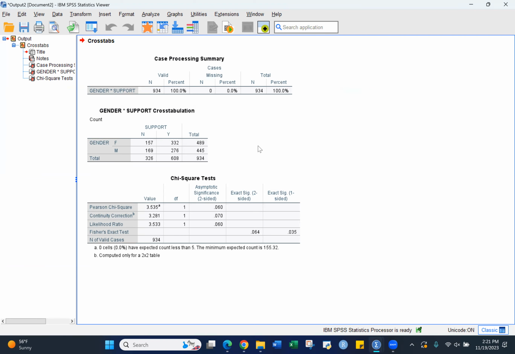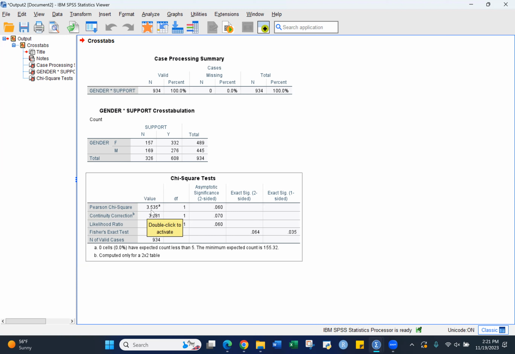So you can see the data is the same, right? That's my crosstabs. That's my contingency table. These 2 by 2, 4 cells right here. And now the chi-square test, and you can see it's as easy as just clicking a few buttons.